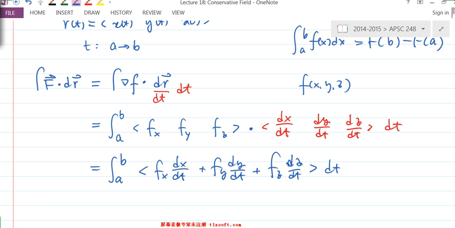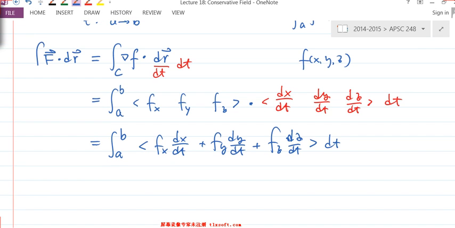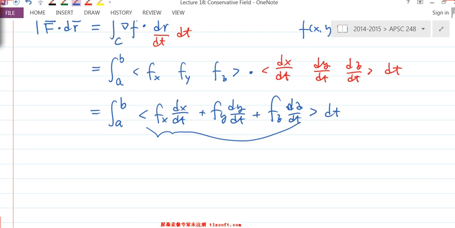Now when you look at this thing inside the bracket, what does that give you? Well, actually, maybe you can do this first. Multiply the dt into the bracket.